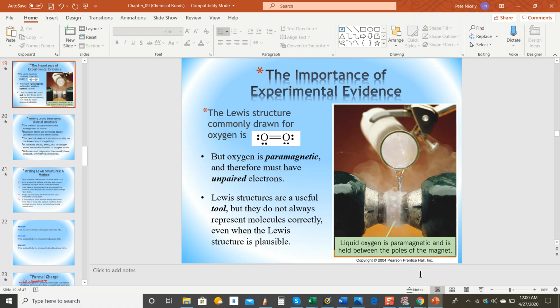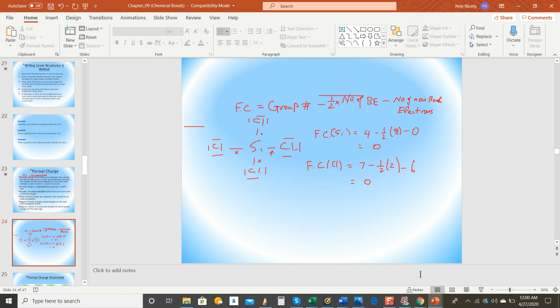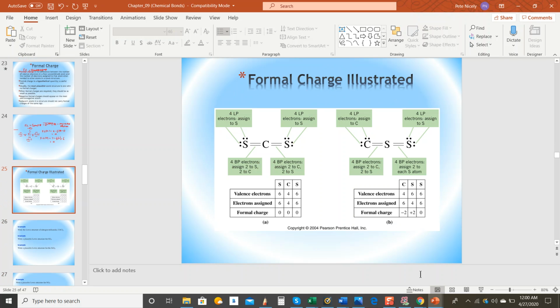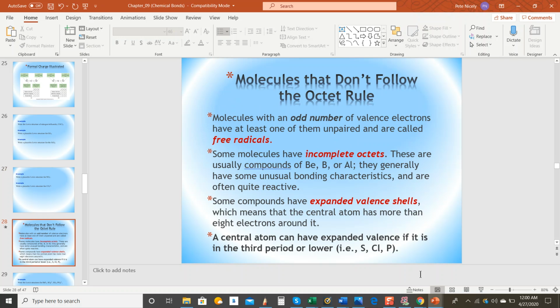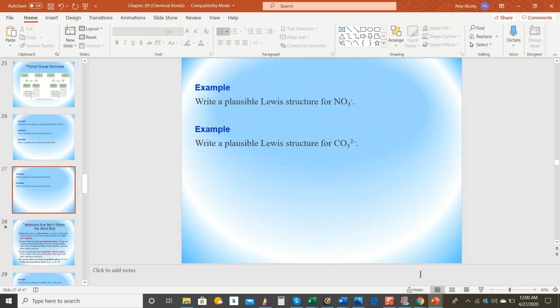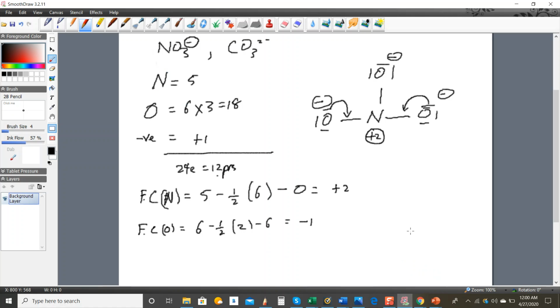Okay, I can't seem to find it, but I remember mentioning that elements in periods 1 and 2 cannot have more than 8 electrons on their outer shell. Basically, the nitrogen, which belongs to period 2 in this case, cannot have more than 8 electrons on its outer shell, all right? So this will not happen.